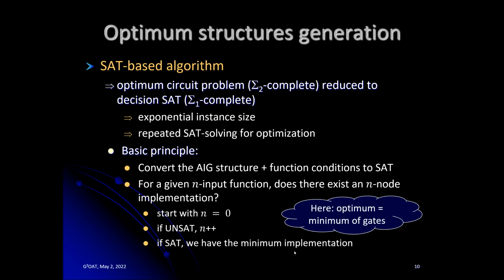So basically, this question could be asked. You can ask the SAT solver if it exists or not, yes or no. And we start with n equal 0. That means, can we implement such a function without any gates? Sounds strange, but why not? Constants, for example. Yeah? Okay, if not, we increase n.